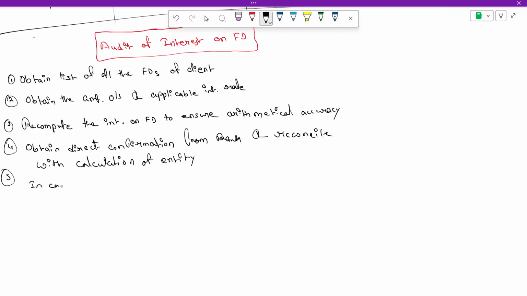In case of interest outstanding, obtain direct confirmation from bank.